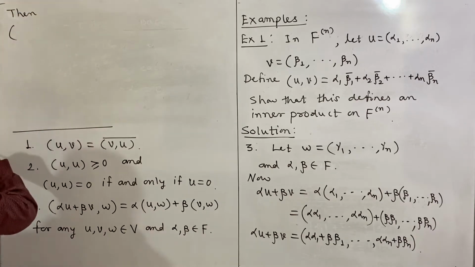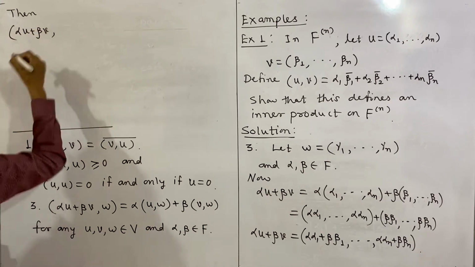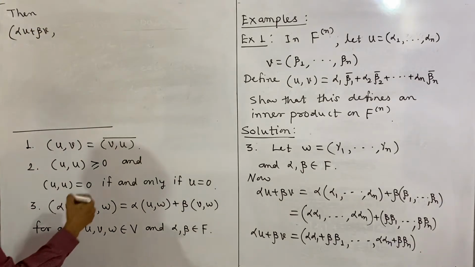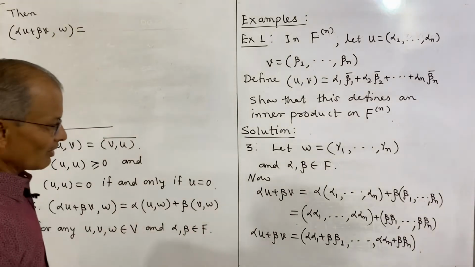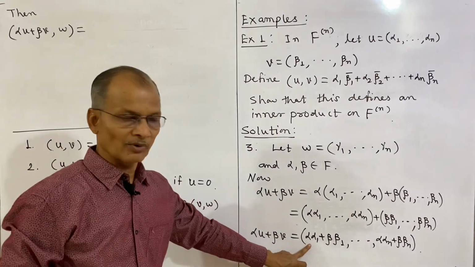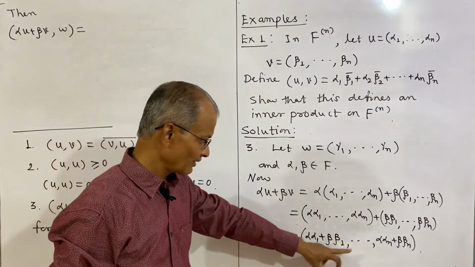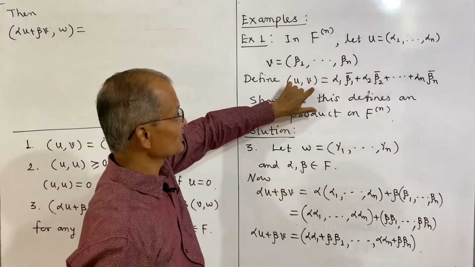The inner product of alpha u plus beta v with w is equal to, now we have to observe the components of w, and first this vector with components alpha alpha 1 plus beta beta 1, etc., and then w, and use this definition.